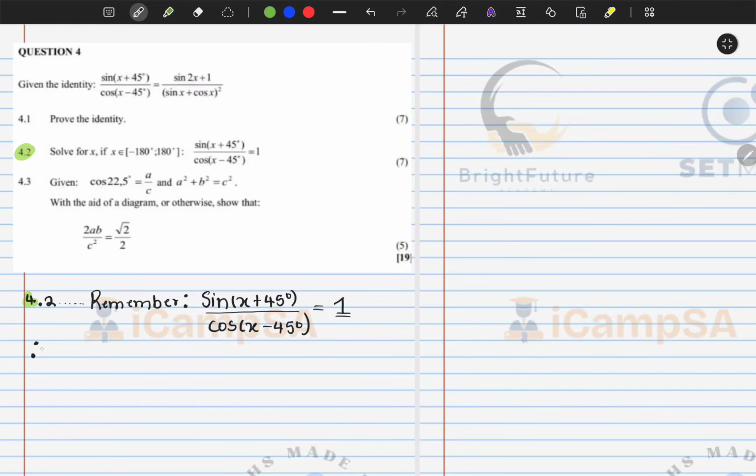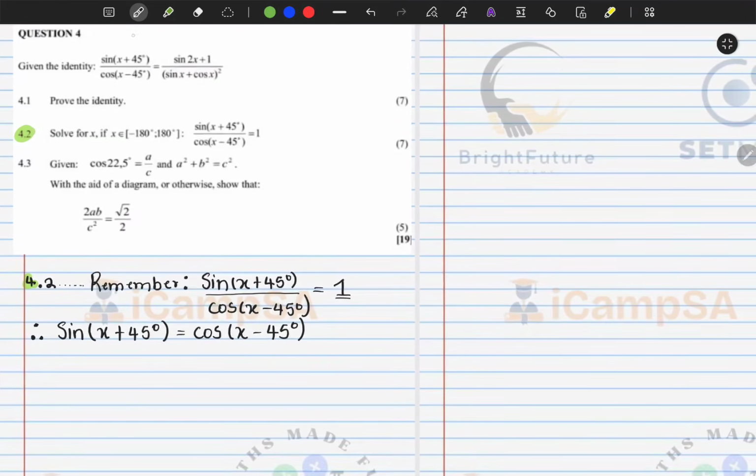So what does it mean? It means that this sine of x plus 45 degrees, as given here, will end up being cos of x minus 45 degrees like this. Okay. That is what we are going to end up having.